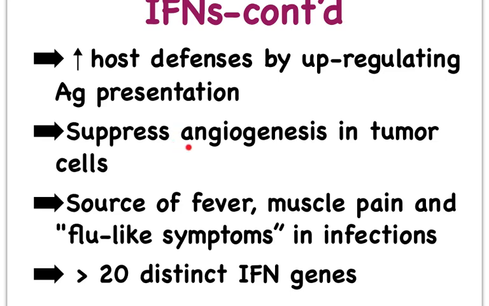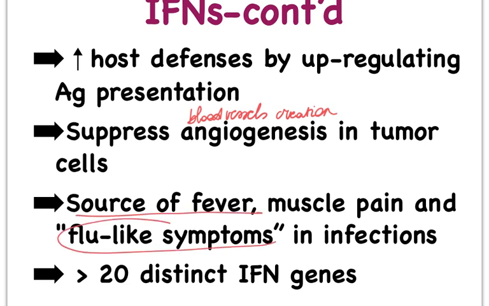We call that process angiogenesis. Genesis, the creation of, angio referring to blood vessels. So these interferons can interfere with that particular mechanism that cancer cells like to depend on. They're also the source of fever and give you those flu-like symptoms, by the way.